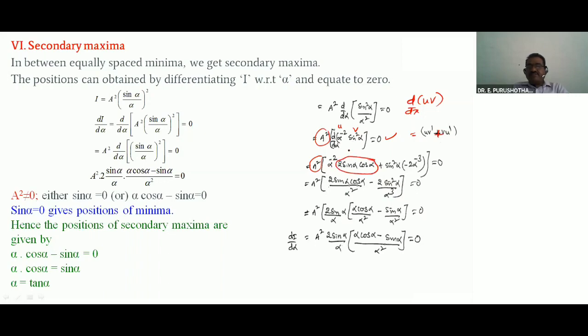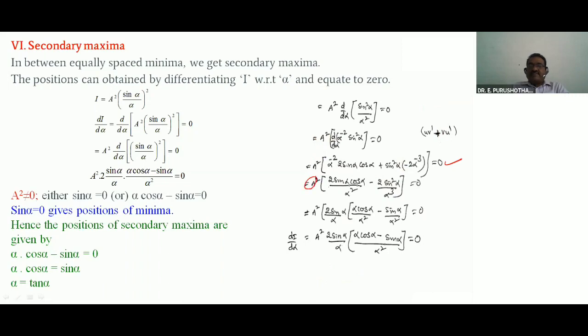This is v dash, plus v u dash. This is u as it is, v as it is, u dash. What is the u value? Alpha to the power minus 2. So du by d alpha, what is that? Minus 2 alpha to the power minus 3. You know very well.